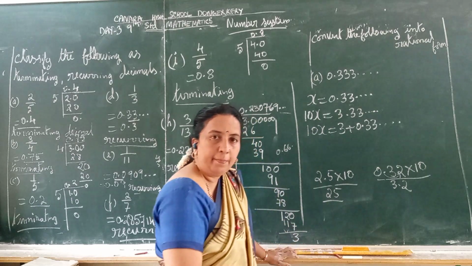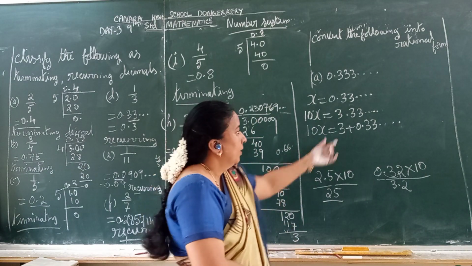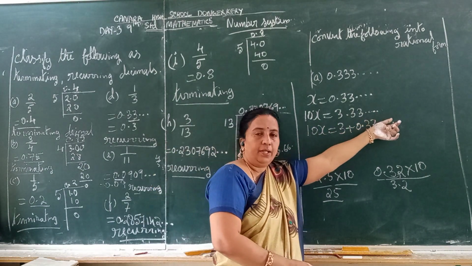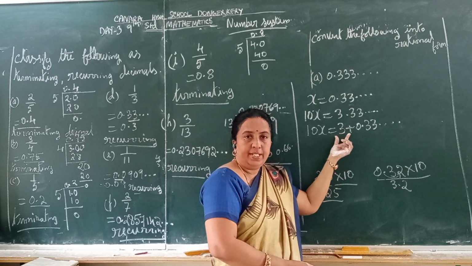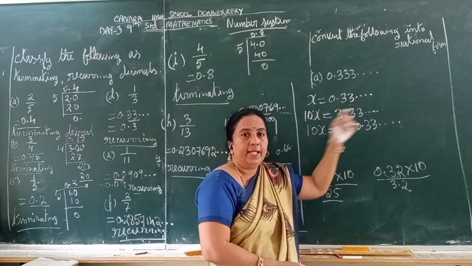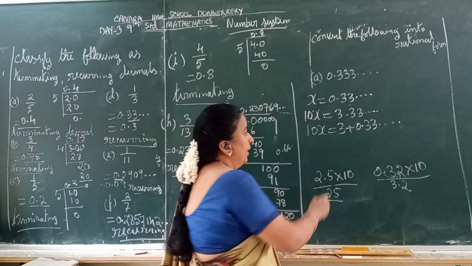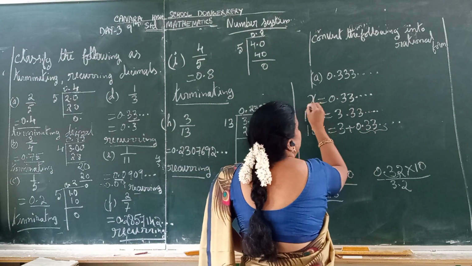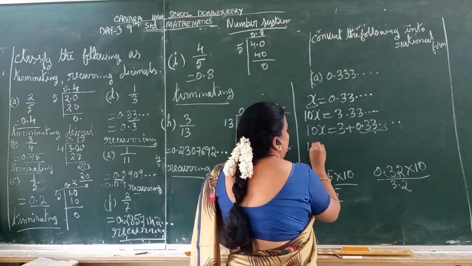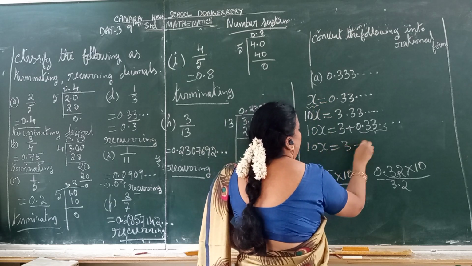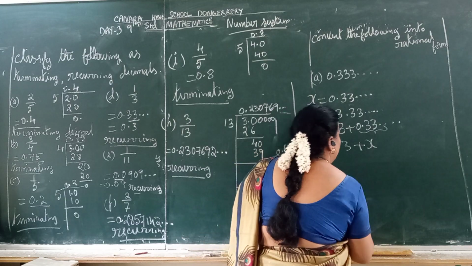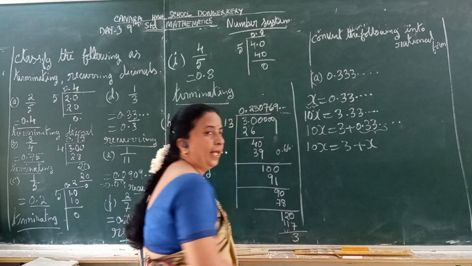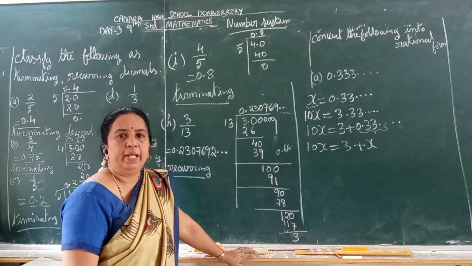Will it not be the same? 3.3333 continuous can be written as one integer 3 plus the recurring decimal. Now this part is x. 10x is equal to 3 plus x.